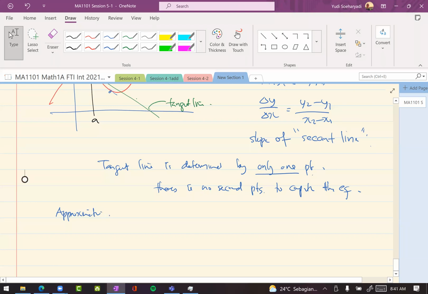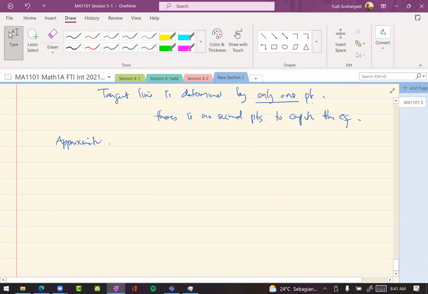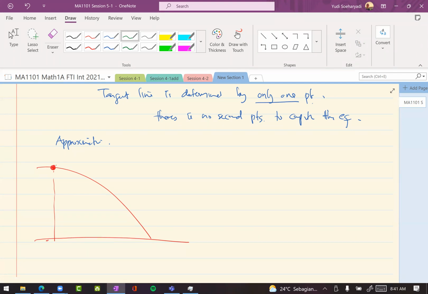So how you do the approximations is by something like this. Let's compute this first secant line. Say this is our a. Just take the x1 here, so we take a secant line.